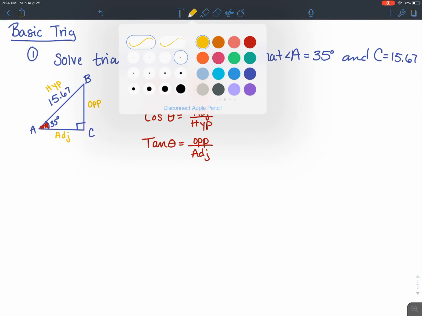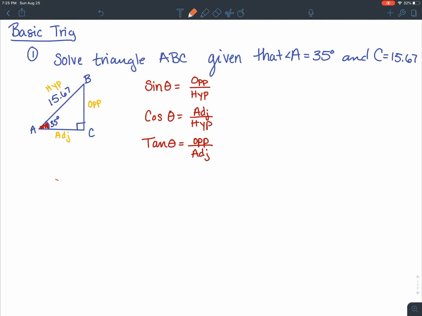I'm going to use sine, since I know the hypotenuse and I want to find the opposite. So sine of that angle, sine 35, equals the opposite, which I'm going to label as little a since that's side A. This is side B, and this is side C. Over my hypotenuse, which is 15.67.